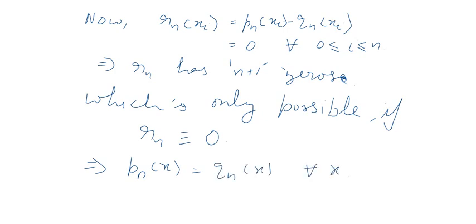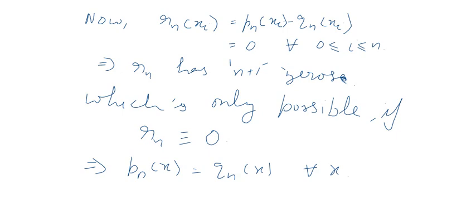Okay, so this gives you a guarantee that if you are trying to identify an interpolating polynomial for the given set of distinct points x0 to xn, then there is a unique such polynomial of degree at most n.